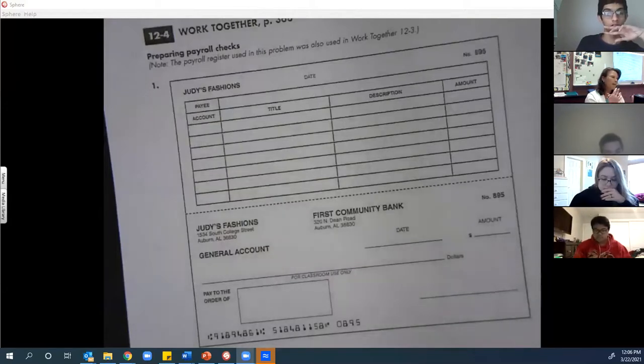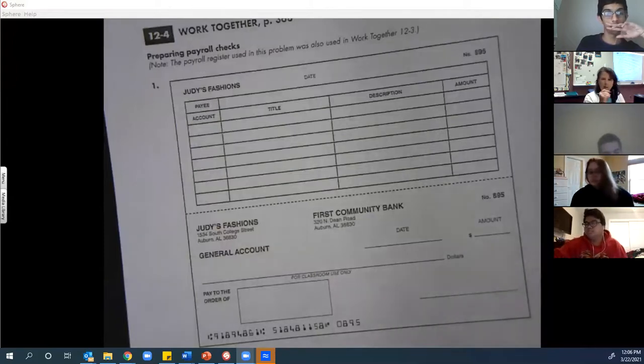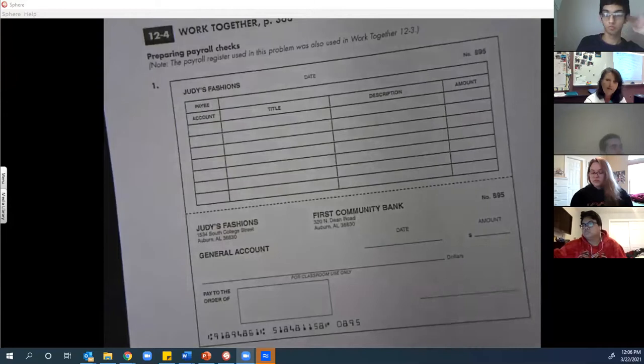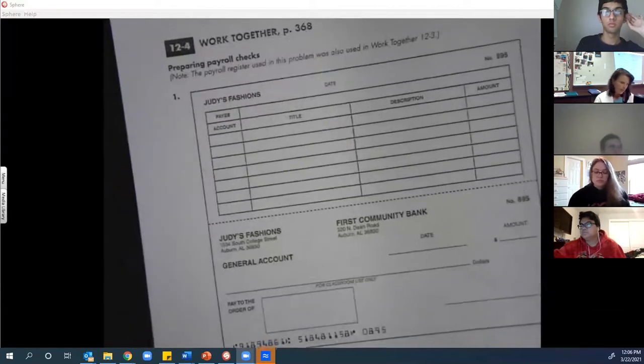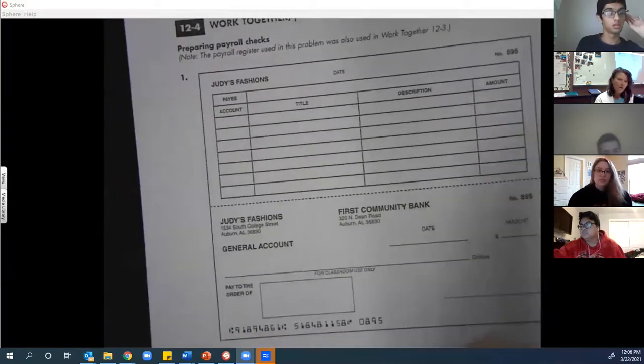It's also another check for fraud. If somebody tries to change the dollar amount on a check, they can't accidentally or purposely get an extra $1 million out of your business account, right? Because there's not that much money in that payroll account. So in 12.4, it's just talking about writing those checks.